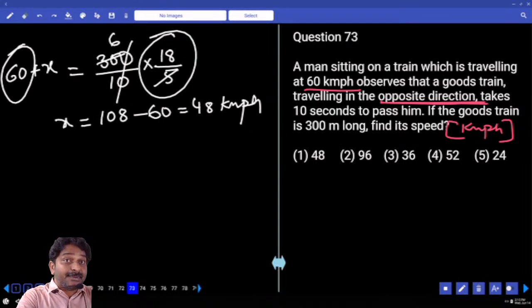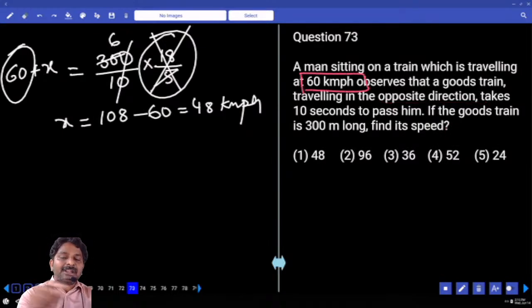I converted speed from meter per second to kilometer per hour. Agreed? Instead, you can ask me not to convert meter per second to kilometer per hour. Instead, you can ask me to convert 60 kilometer per hour to meter per second.